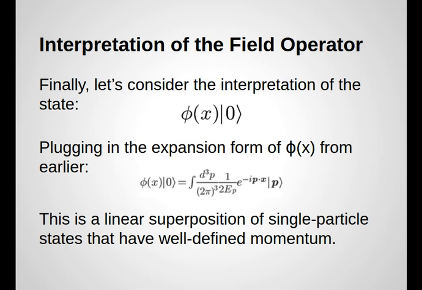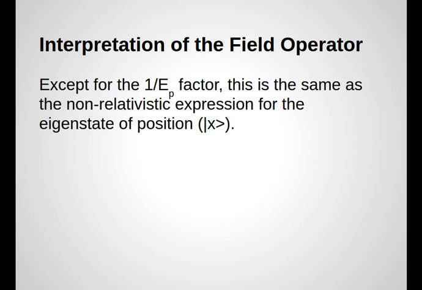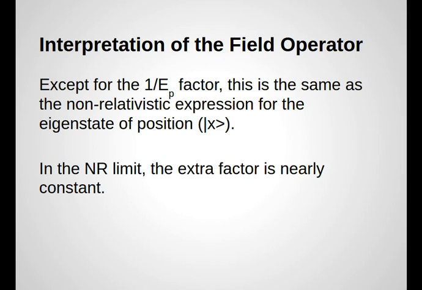The rest energy starts to dominate, and so you can forget about it. You can just pull it out. It's just a constant, right? And then at that point, you see that it looks a lot like the relationship between position and momentum space in regular non-relativistic quantum mechanics. Okay.